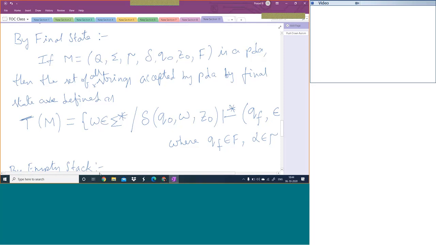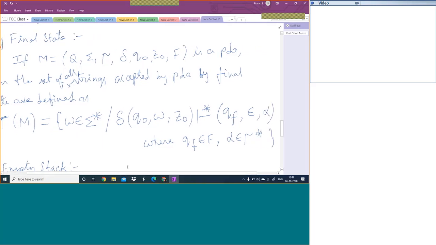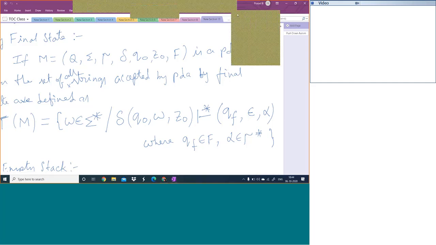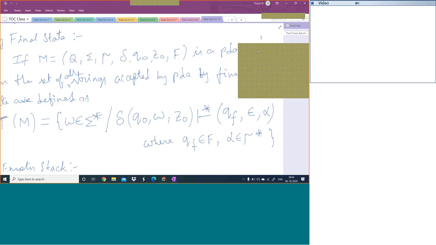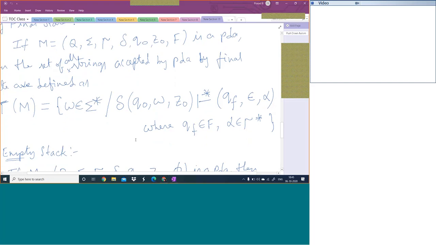So this T of M equals this one. Done? Next. This is about acceptance by final state.